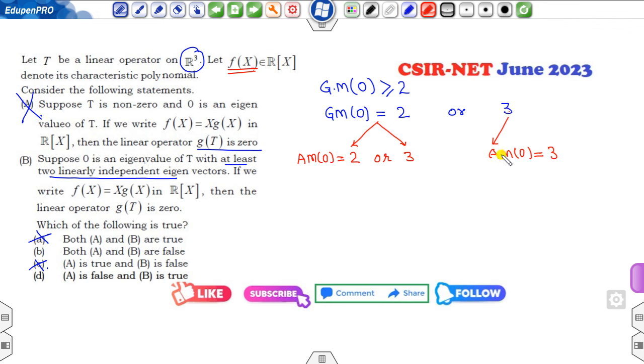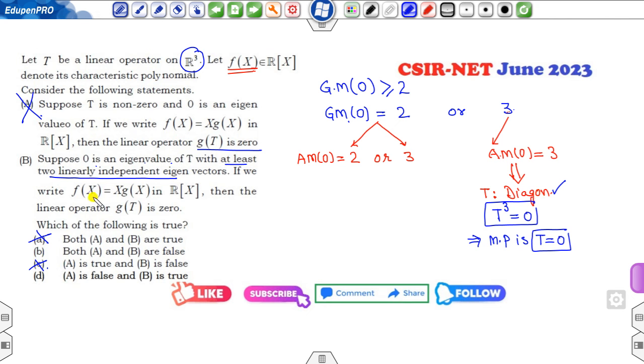Once the algebraic and geometric multiplicities are the same, what does it mean? The matrix is diagonalizable. That means T is diagonalizable, and T cube is 0. Since T is diagonalizable, the minimal polynomial is linear, always a product of linear factors.